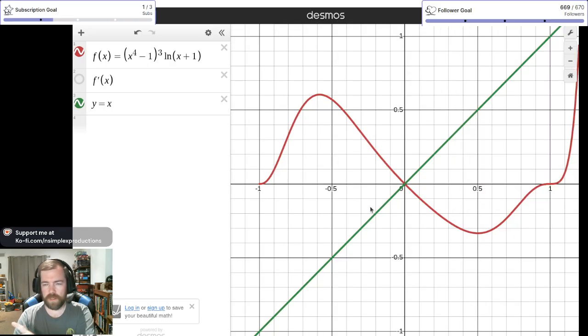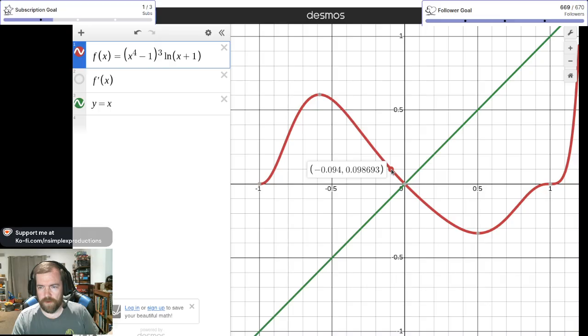If we keep our window such that the distance in the x direction and the distance in the y direction are going to be the same on a visual scale, we can kind of see that here we get something that's approaching a slope of negative 1, right? So we've got something that goes like from negative 0.1 here to 0.1 here with approximately the same value, right?